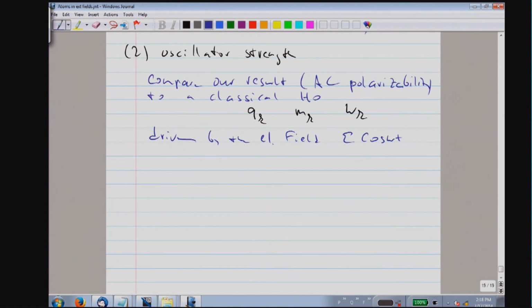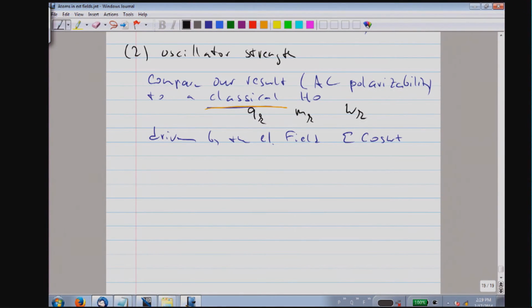Okay, if you look at the classical harmonic oscillator, you find that you drive it at omega and ask what is the time-dependent dipole moment. It's driven by the cosine term.